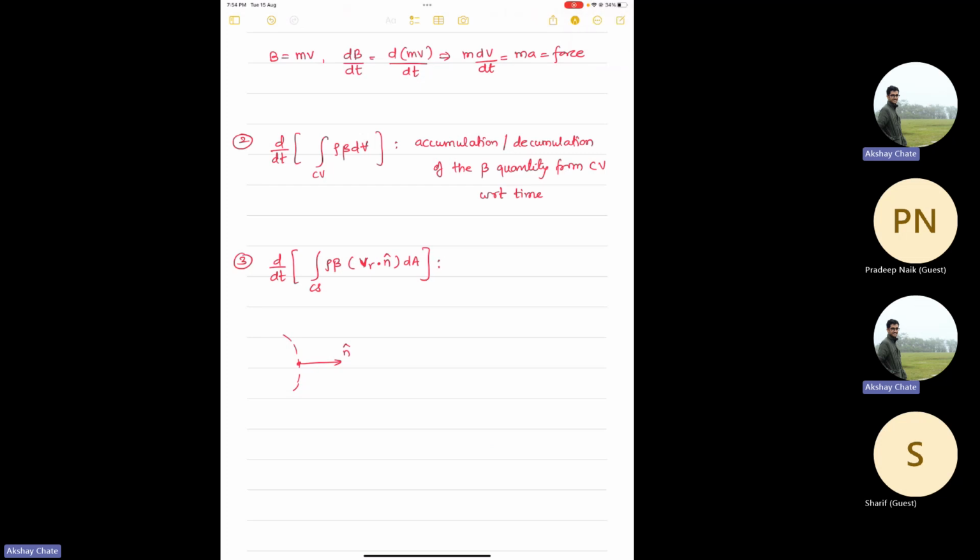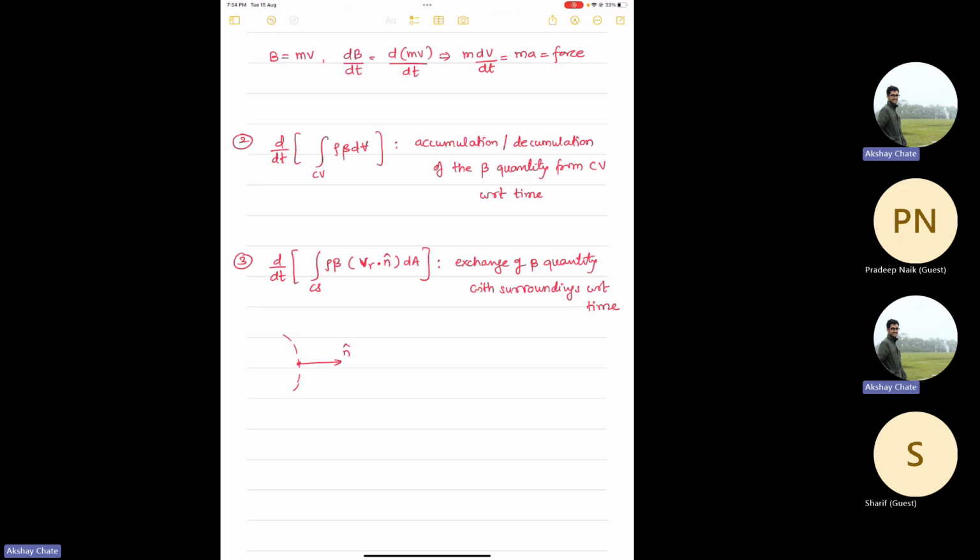This term signifies exchange of beta quantity with surroundings with respect to time.